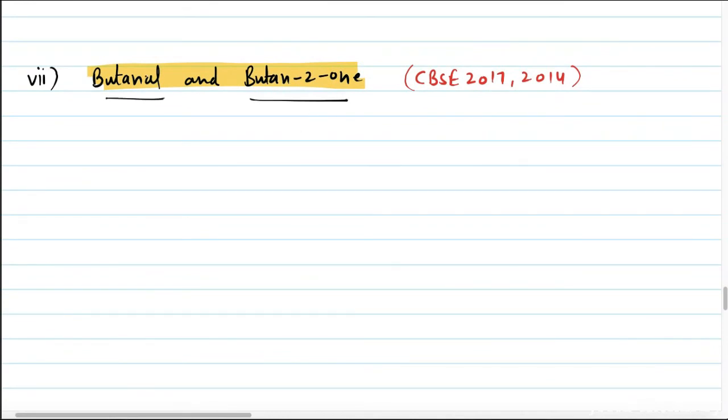Butan-2-one. Butanol confirms your Tollens test. It also confirms your Fehling test because it is aliphatic. Butan-2-one confirms your what? Iodoform test.